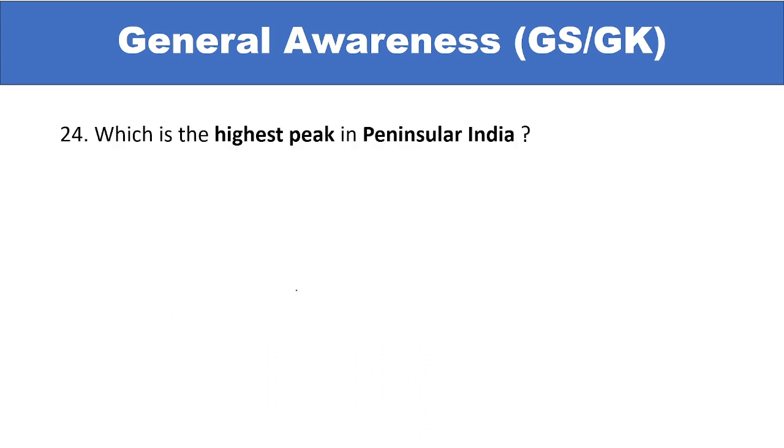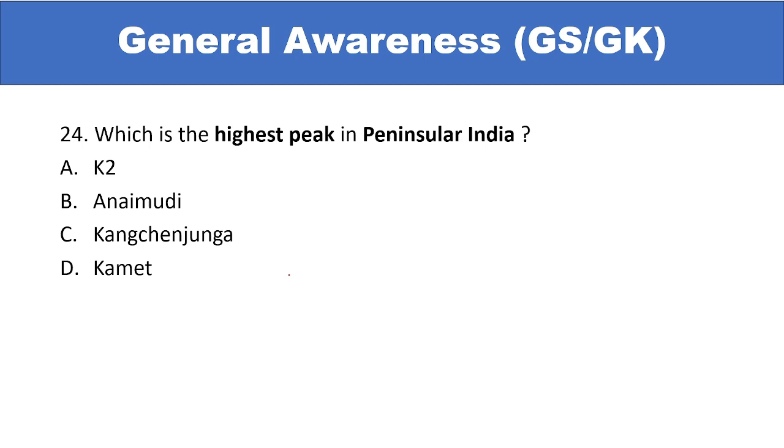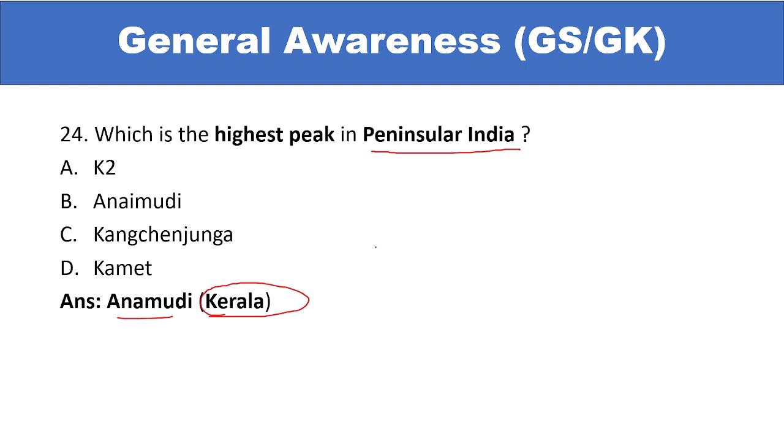Next, which is the highest peak in Peninsular India? The options: K2, Anamudi, Kanchenjunga, Kamet. The answer is Anamudi, which is in Kerala. The state is also very important.